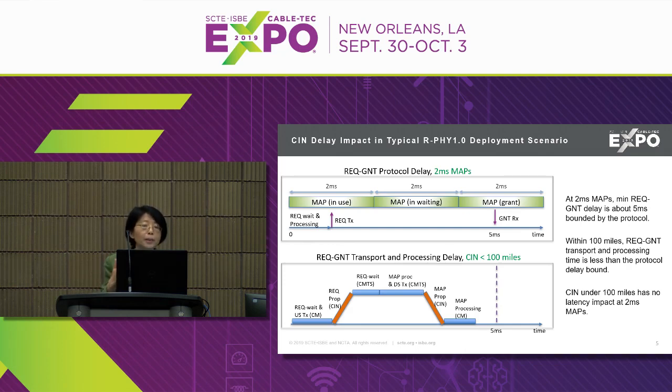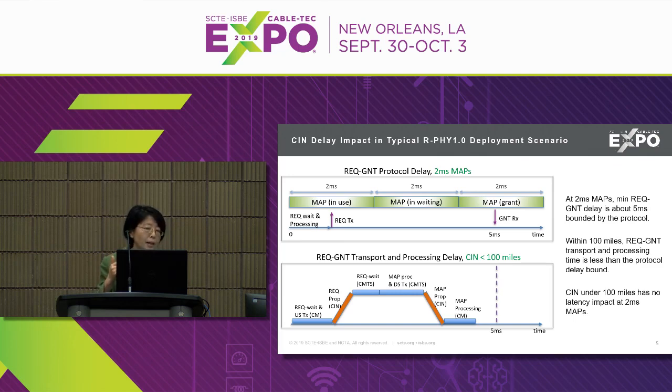We are using 2 millisecond maps, so that's equivalent to the earliest grant being 4 milliseconds away. Then with an additional 1 millisecond for the request processing and transmission time, we're talking about a minimum 5 millisecond request grant delay, simply because of protocol reasons.